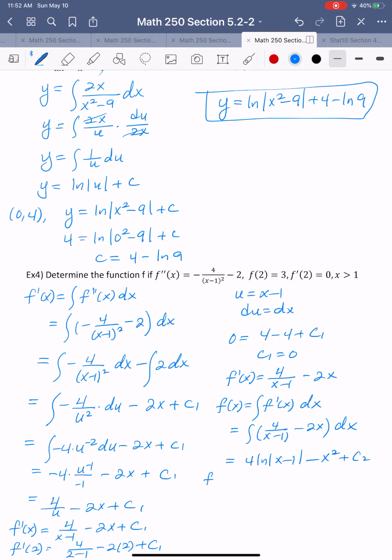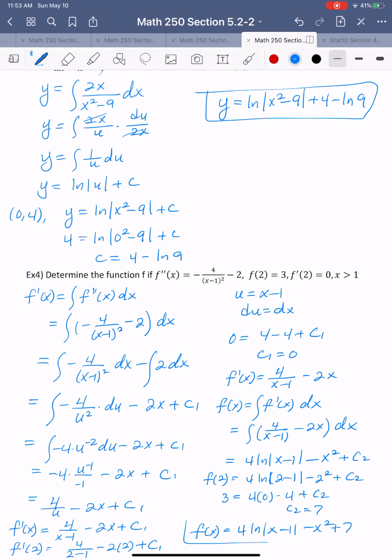And then use f of 2 equal to 3. So 4 ln of 2 minus 1 minus 2 squared plus c2 is the same as 3. So 4 ln 1 is 0, minus 4 plus c2. Adding to both sides, c2 is going to be 7. So the final f of x will be 4 ln of x minus 1 minus x squared plus 7. So that's the final.